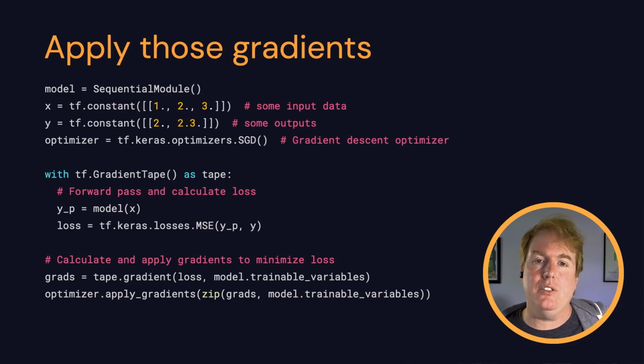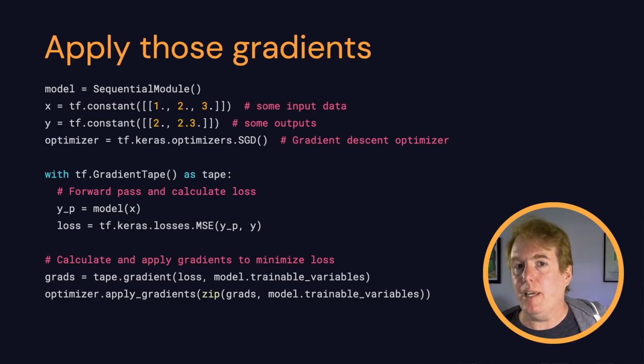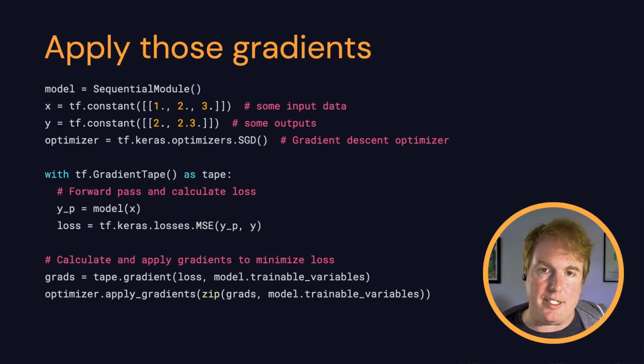First, we allocate a model. In this case, we're going to allocate a sequential model. Then we're going to create X, which is some kind of input data. Then we have Y, which is some kind of label. And then we allocate an optimizer. We can use a Keras optimizer with or without Keras. In this case, we're going to use SGD, which is gradient descent. Then we're going to create a gradient tape. And inside the context of that gradient tape, we're going to call model on our input X to generate Y prime.